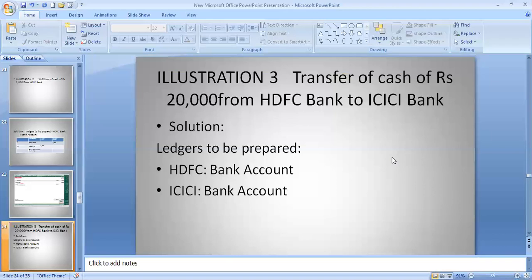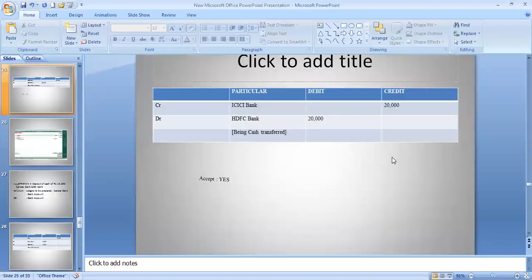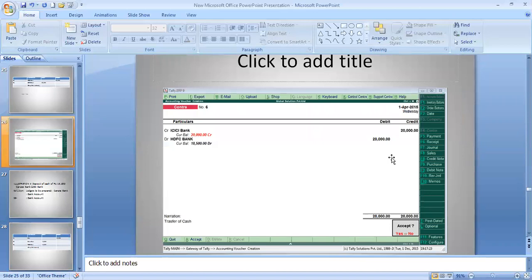ICICI Bank. So HDFC Bank account debit to ICICI Bank. The transaction moves on like this: ICICI Bank will be the credit, debit will be the HDFC Bank. You need to give the information. If you click on accept yes or no, you will be giving the information.